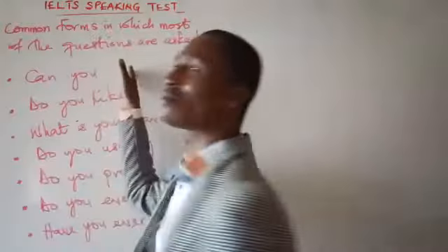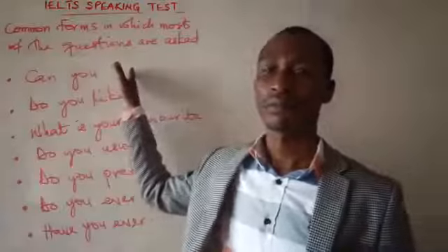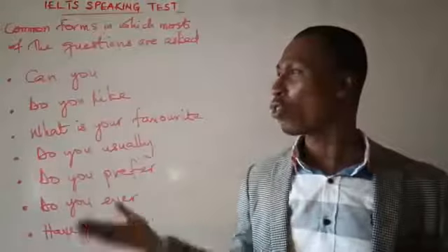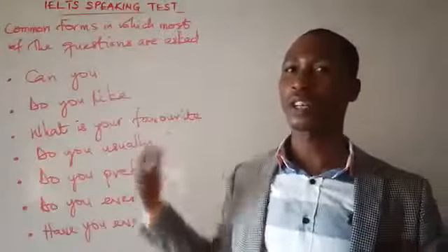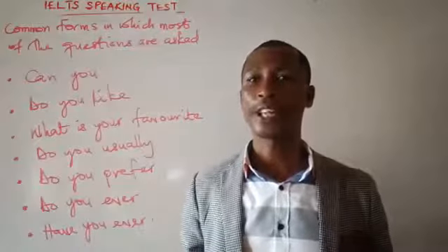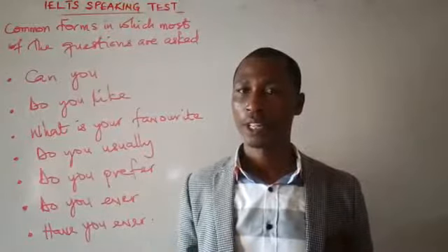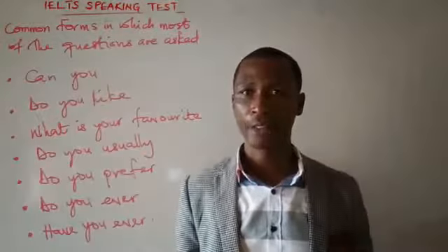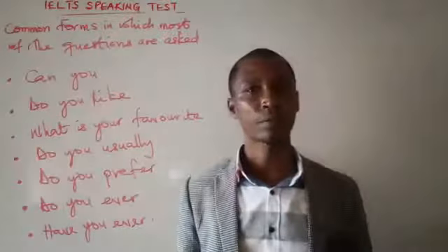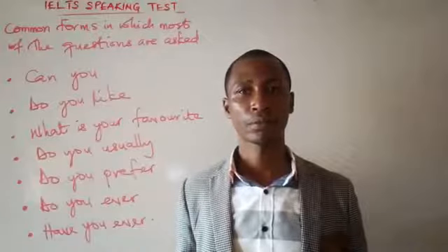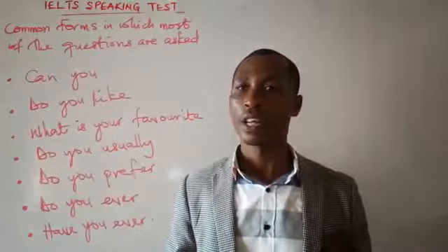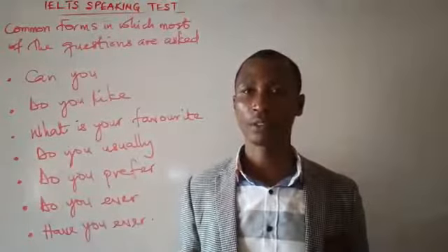Can you? Over here you can clearly see that can you means that you are being expected to do something. Can you prepare a certain kind of dish? Can you design? Can you give me the direction to your house?